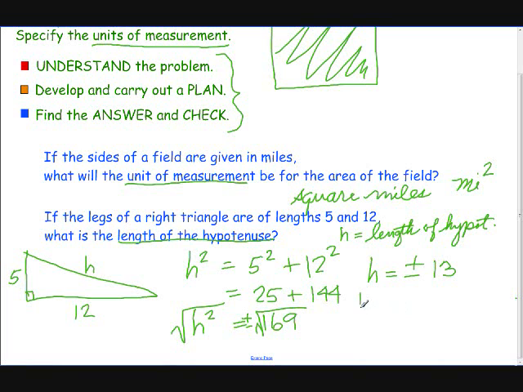So, you know that question, does it make sense? You're not going to tell me that the hypotenuse is equal to negative 13 because we'll say, that doesn't make sense. The hypotenuse is equal to 13. We do not know what the units are. They weren't given to us.